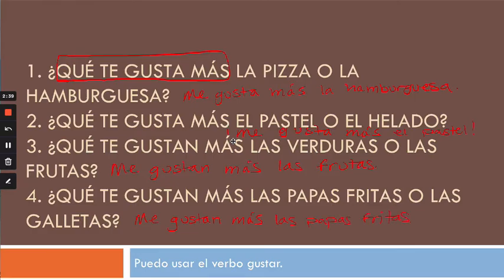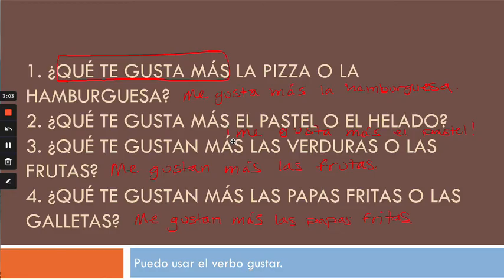So earlier this year, when we learned about the verb gustar, we used it with activities, things that we like to do. We said like, me gusta bailar, me gusta mucho hablar por teléfono. But as you're seeing in these questions, we can also use this verb to talk about things that we like.